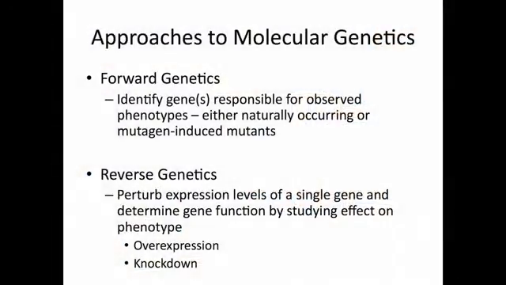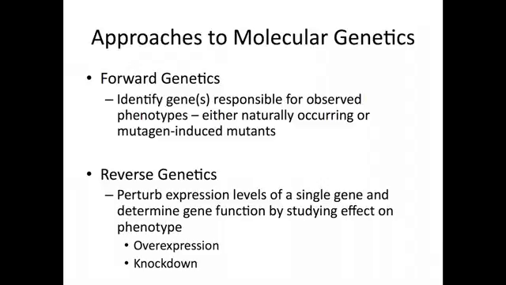So there are two major approaches to molecular genetics. One of them is what we now call forward genetics, although when it first started, I imagine it was just called genetics.